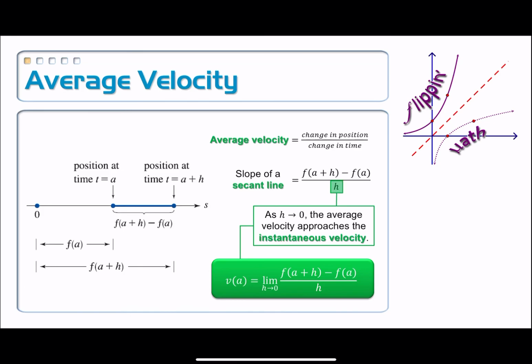So v of a means the velocity at time a. The velocity at time a, instantaneous velocity, is equal to the limit as h approaches 0 of f of a plus h minus f of a over h. It's the exact same thing that we were doing in the first objective, but we're putting it within the context of rectilinear motion. All right, so in the next video, we'll actually put this new formula into practice.